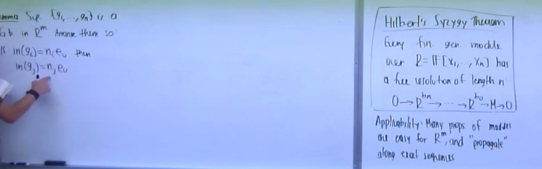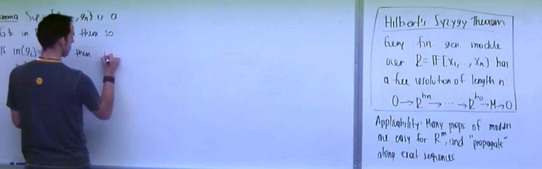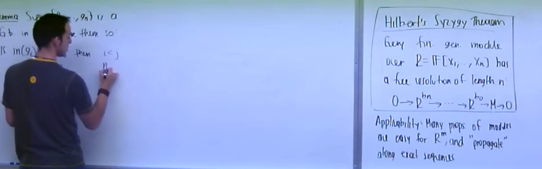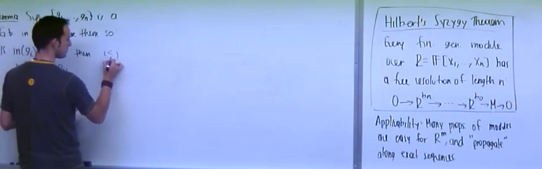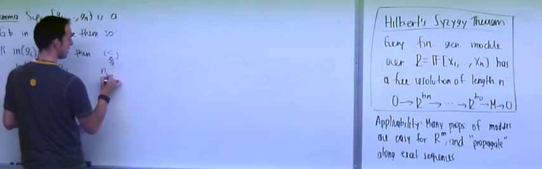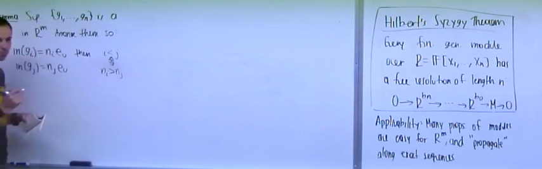And so I want to list them in such a way that i is less than j if and only if n_i is bigger than n_j.